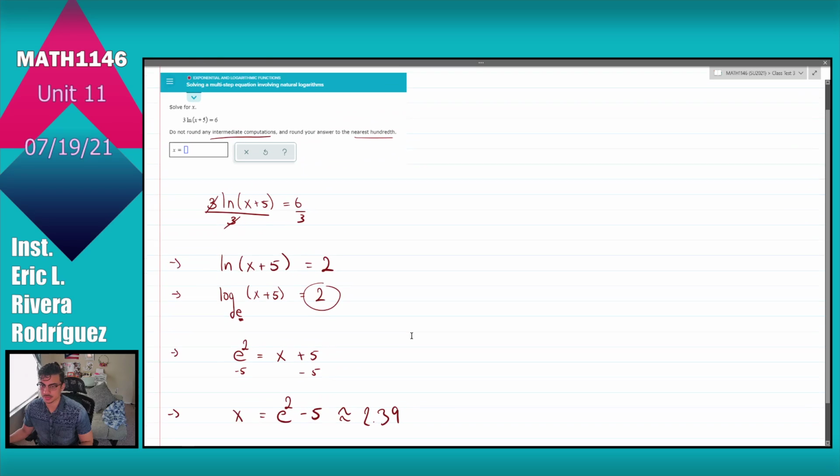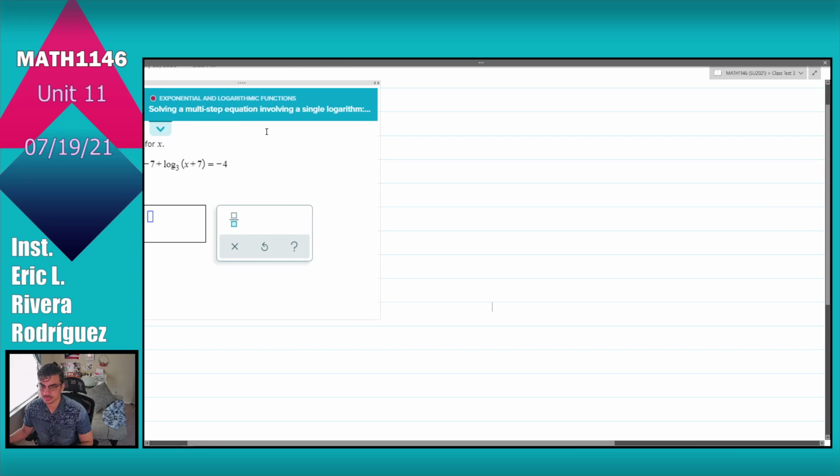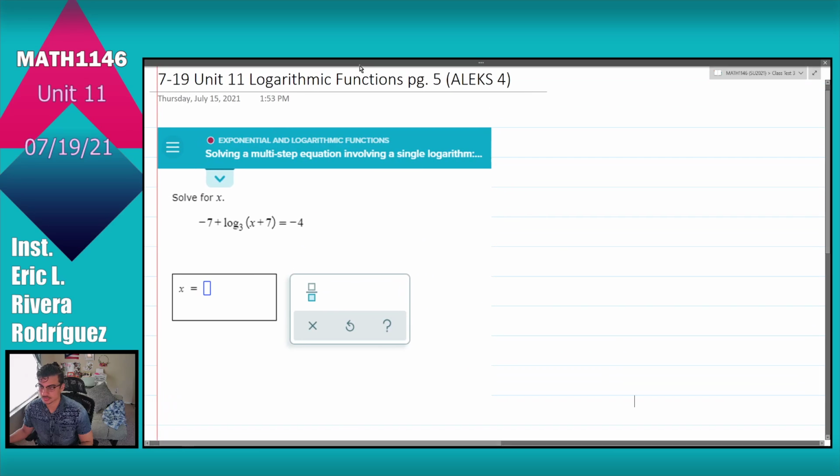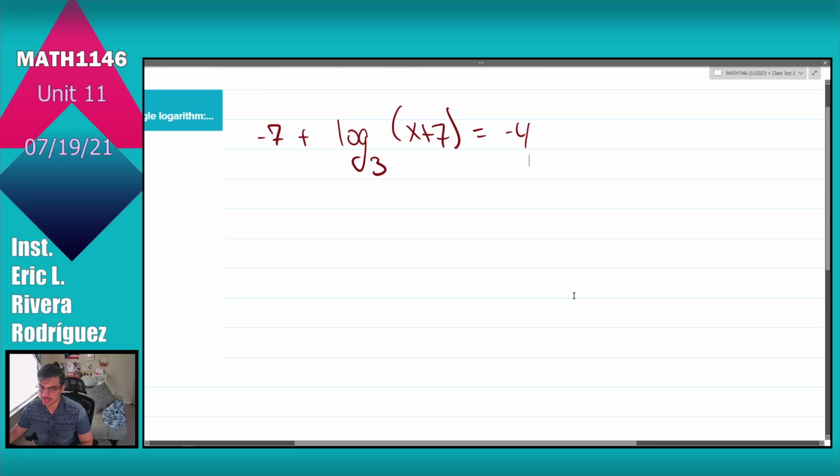Let's do another one. The problem again is that we have x confined in the argument of this logarithmic function.